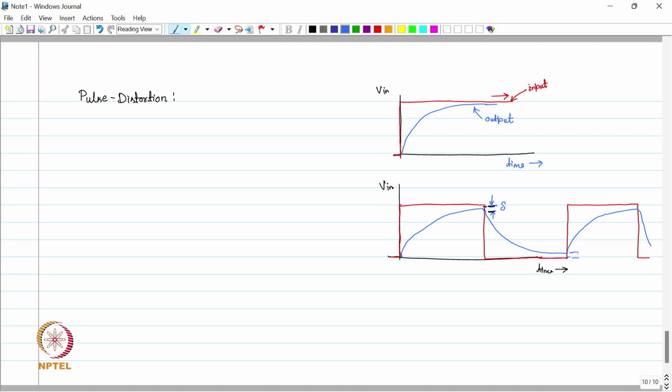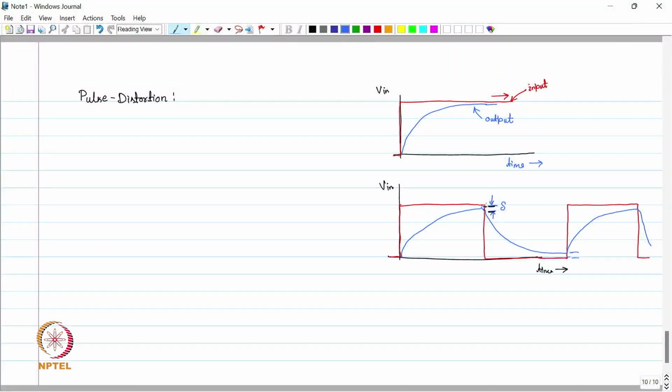So we can see the output is actually not rail to rail, the ground or the top supply. The output is always in between, not reaching the final or steady state value, because of the high frequency of the input pulses. If the input is low frequency, then the output will have enough time.